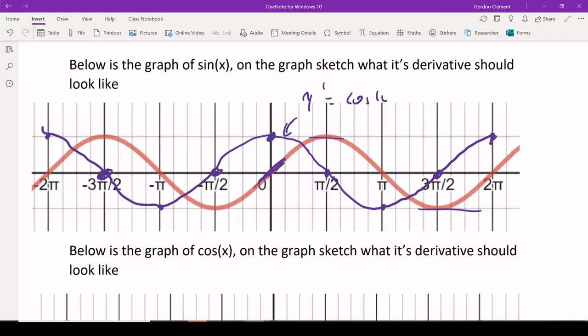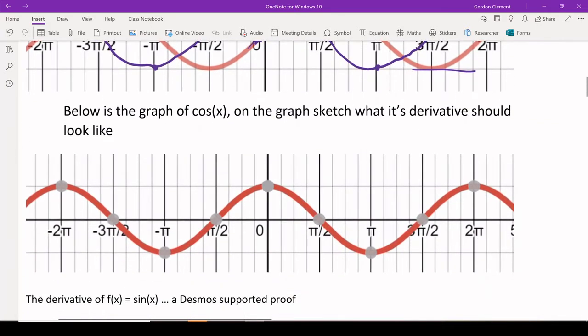It looks like it might be cosine. I don't know if that's exact. I'm guessing this is a slope of 1, but if it's a slope of 2, then maybe it's 2 times cosine. But it definitely looks very much like cosine to me. So it could be cosine, it could be 2 cosine, it could be some stretch of cosine, but just looking at the picture, it looks like that.